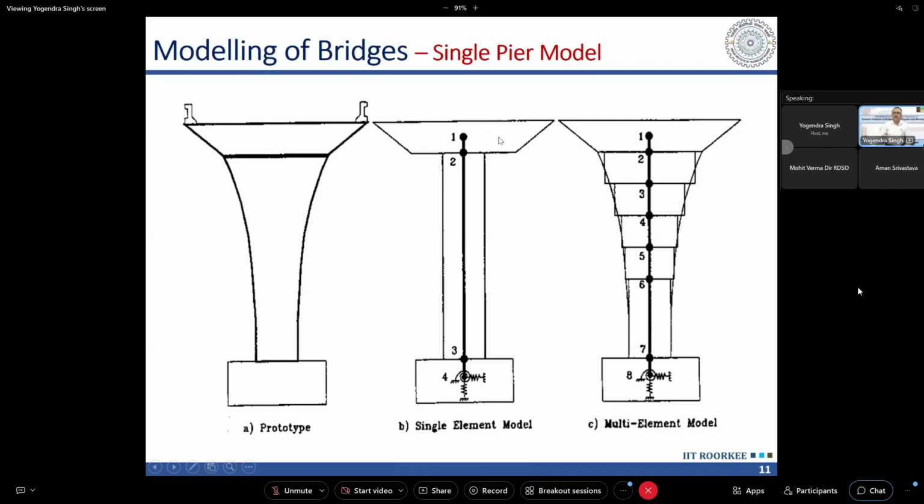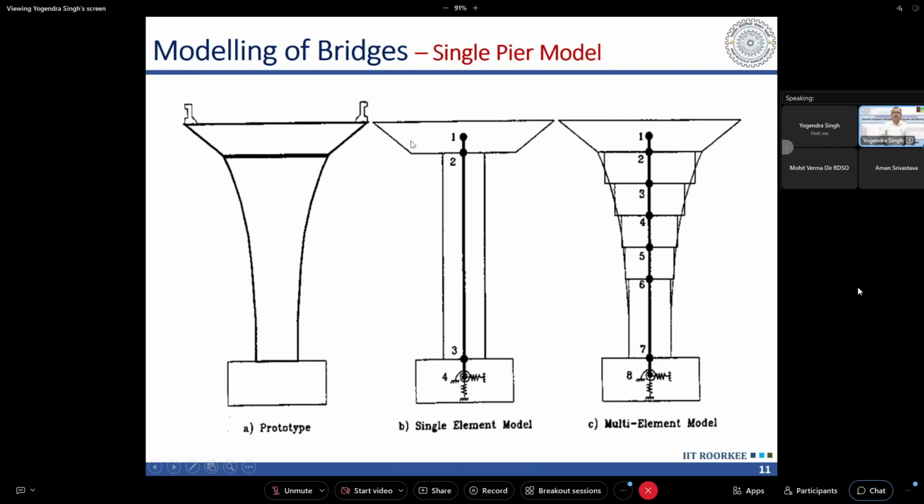In the transverse direction, in any case, the two piers which are supporting the superstructure will be sharing the mass or the inertia force from the superstructure. So 50% mass will be supported or lumped on each pier at each end. Then we also have to understand that the point of action of this mass along the height is different.